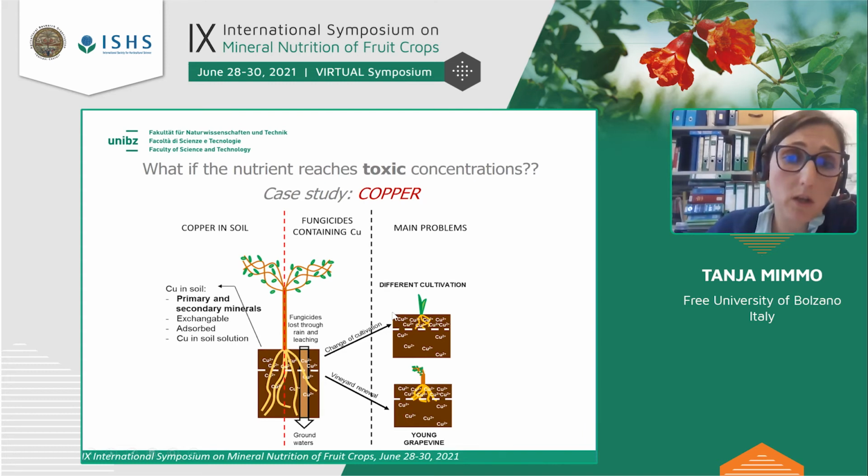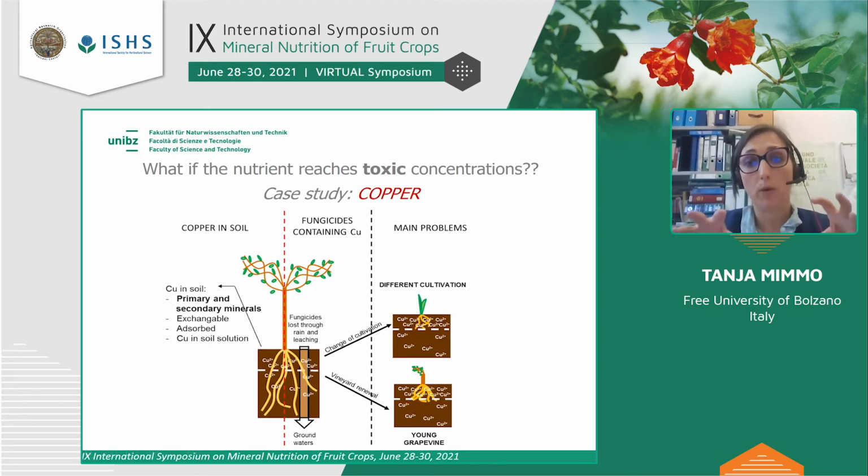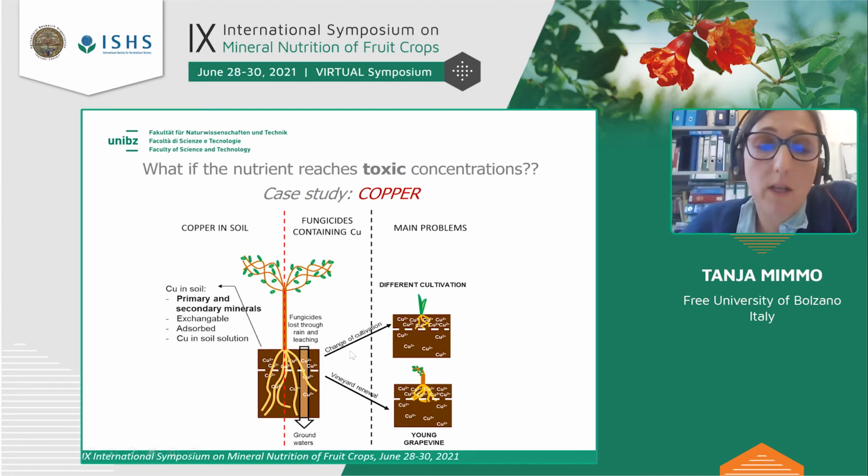This is then especially a problem when we change the cultivation, since young grapevine plants, for instance in vineyard renewal, have a shallower root system, so they get in contact with the copper in the upper soil layer.